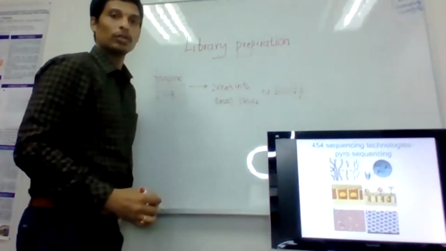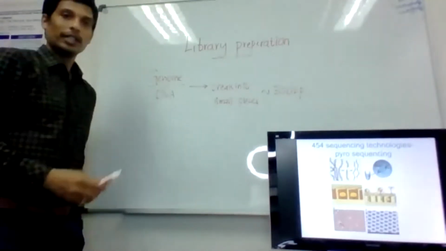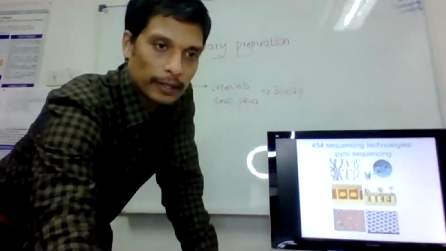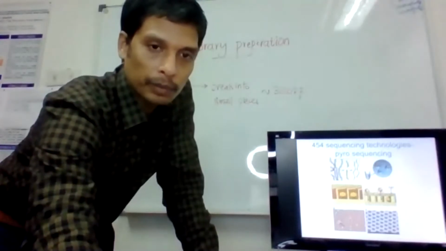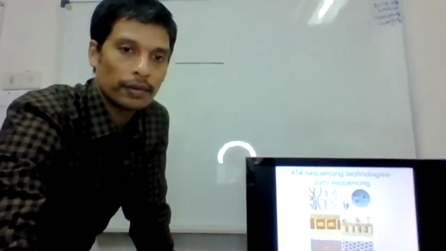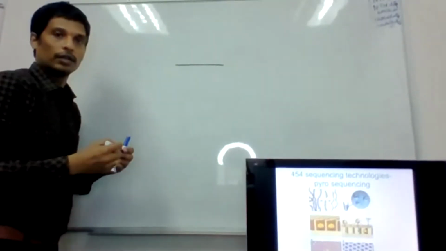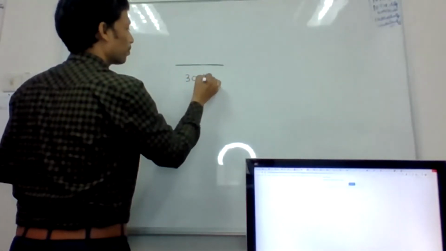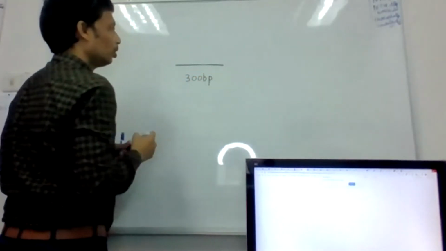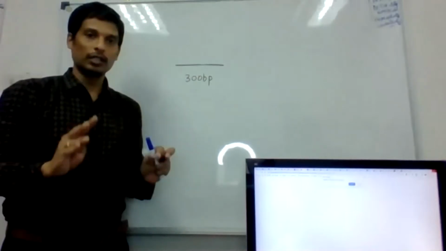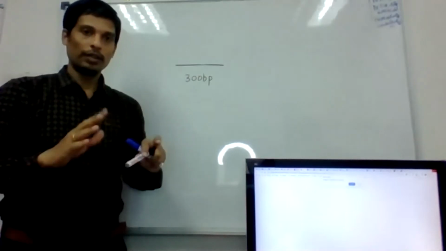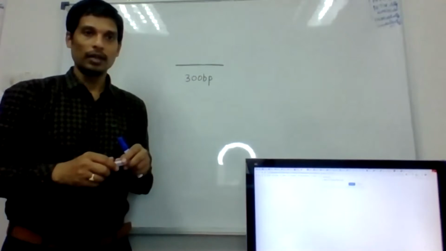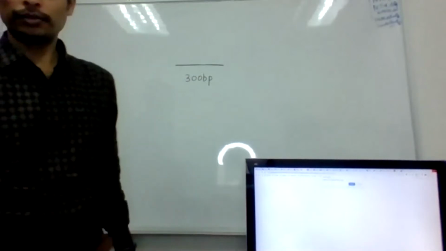Each one should be around 300 base pairs. So you will have millions of these kinds of sequences when you break the whole genome.